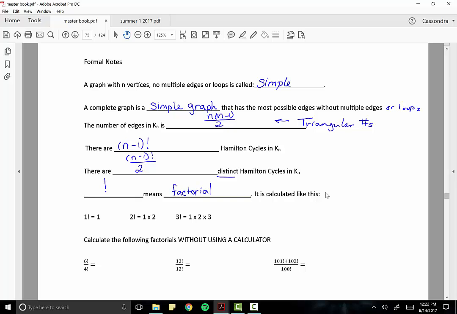So if we are looking at how to calculate it, 1 factorial is 1, 2 factorial is 1 times 2, 3 factorial is 1 times 2 times 3, 4 factorial is 1 times 2 times 3 times 4, 5 factorial is 1 times 2 times 3 times 4 times 5, etc. So this is 1, 2, 6, 24, and 120.